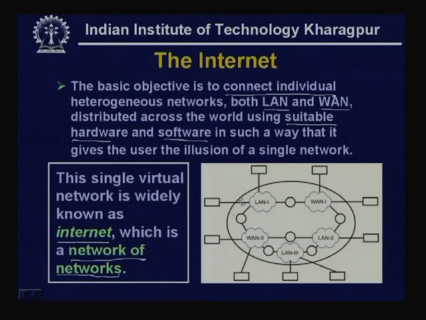To them, whatever is within this circle is transparent. That means they can communicate with each other irrespective of whether the path passes through this LAN, then this WAN and reaches this station, or this particular station is communicating through WAN 2, LAN 3, then LAN 2. This will be transparent to it. That is the objective of Internet, and the way it is being done is known as Internetworking.